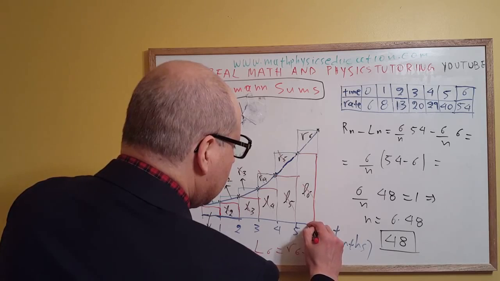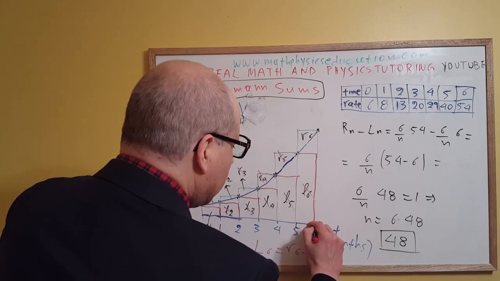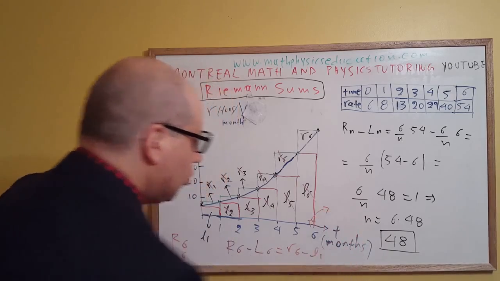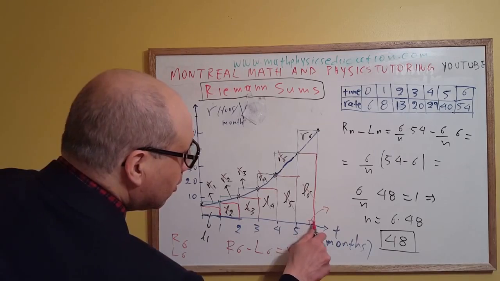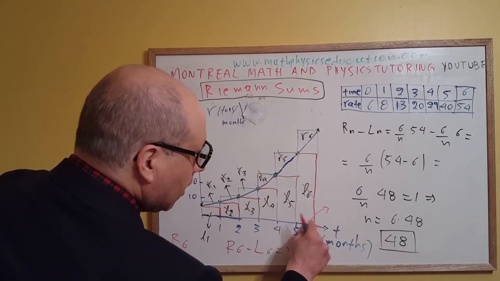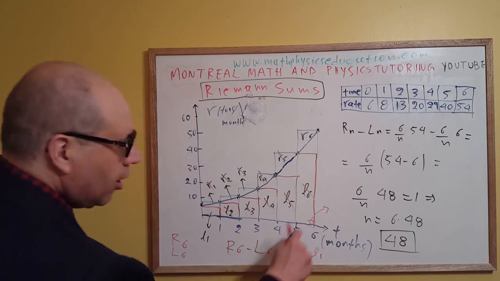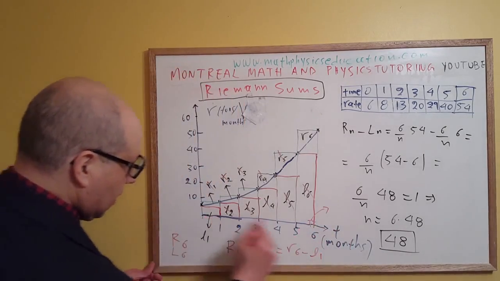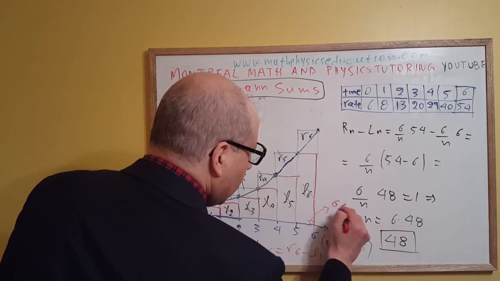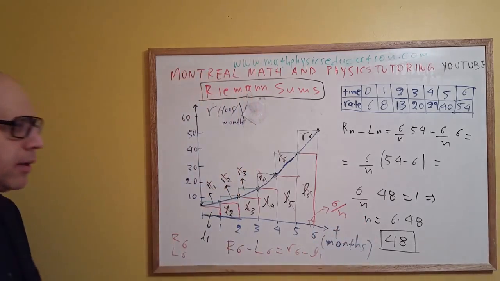This small thing will be equal with what? If we have n intervals like this, how much will each one of them be? Of course, it will be equal with this distance, which is 6 over n.